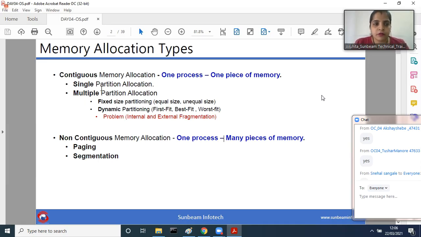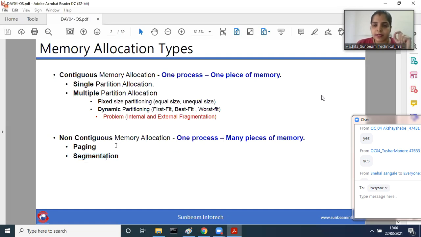All these types were called contiguous memory allocation, meaning as soon as memory is allocated, it will be continuous memory allocation. That is called contiguous memory allocation. And when you talk about non-contiguous memory allocation, it means one process and many pieces of memory. That means I have paging and segmentation.